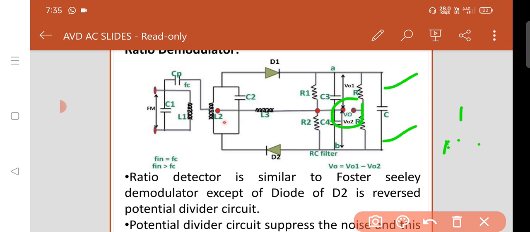I hope you understand the scenario very smoothly. Observe, this V0 is taken across V01 and V02, so these differences are always adjusted, and if any unwanted voltages or unwanted amplitude variations are present, they are overcome here.